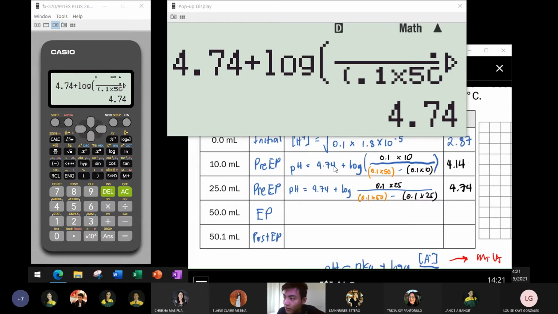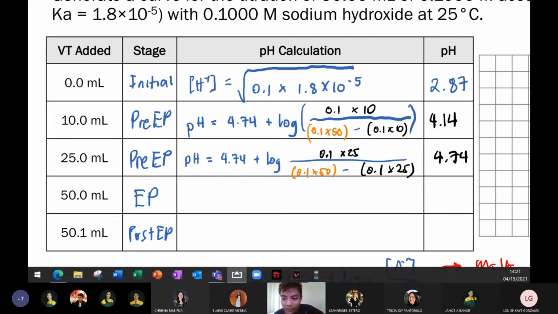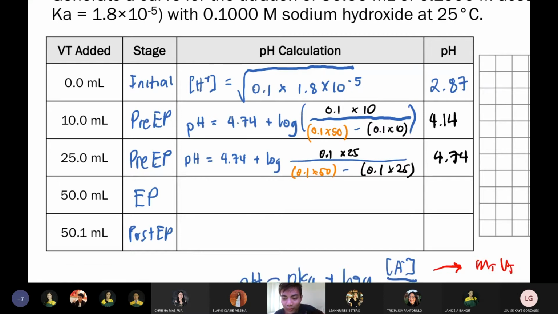4.74. Do you notice something? May nanonotice ba kayo? Comment nyo kung ano yung nanonotice nyo, siyempre wag nyo i-comment yung ang hirap po. Given na yon. Ano yung nanonotice nyo at 25 ml? I'll give you time.